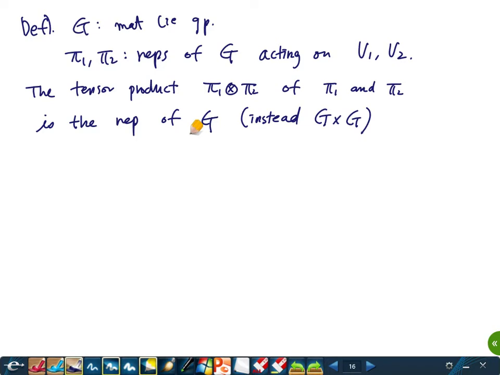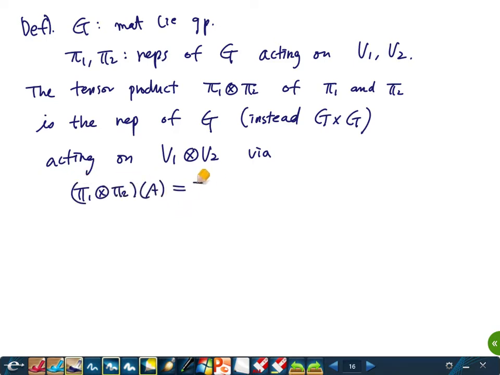Is the representation of G acting on V1 tensor V2 via pi 1, pi 2, the same way.